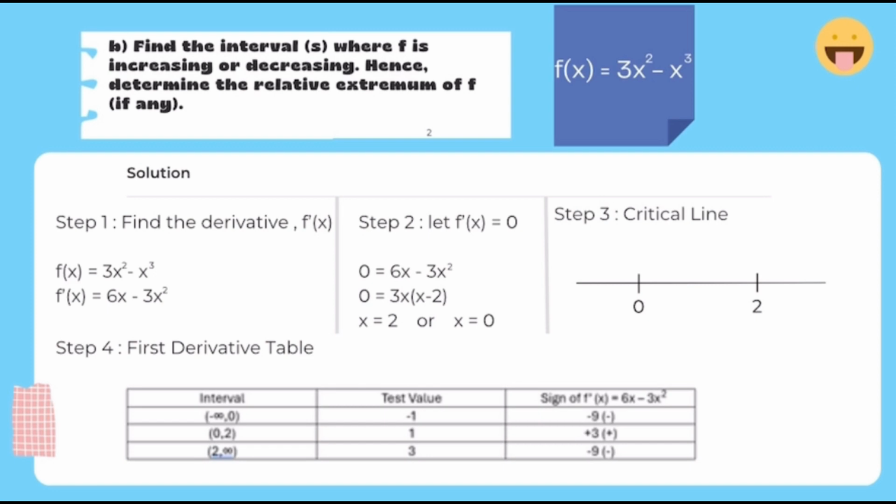We will get a positive sign. The last interval is from 2 to the right side, which is an infinite number of values; it could be anything on the right side of 2. We test it with 3, substitute it into the differentiated function, and get negative 9, which has a negative sign.